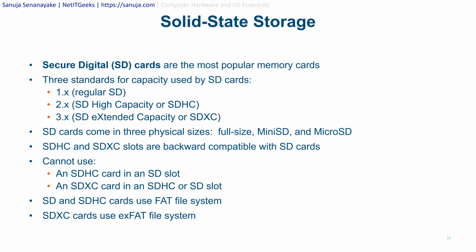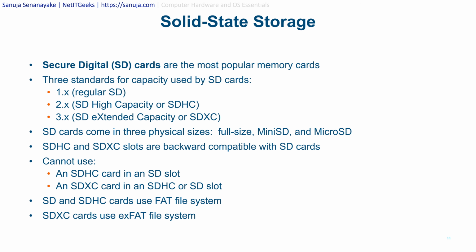Secure Digital, or SD, cards are the most popular memory cards nowadays. Three standards for capacity used by SD cards include 1.x, which is regular SD, 2.x, which is SD high capacity, also marketed as SDHC, and 3.x, known as SD extended capacity, or SDXC.